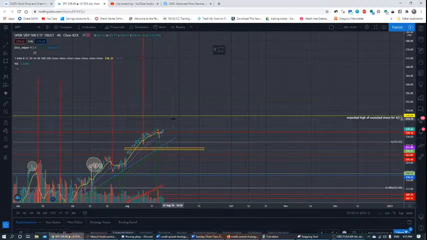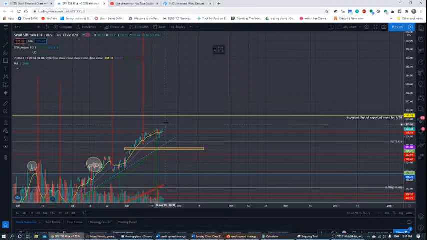If we consolidate or push up, at most we might see SPY make new highs at 342 or 341, being conservative. We might touch 345, but that's a pretty big move. That's a 50-point move on ES, I think.